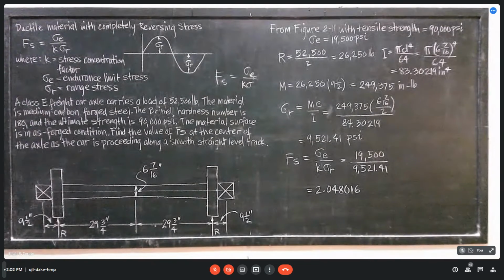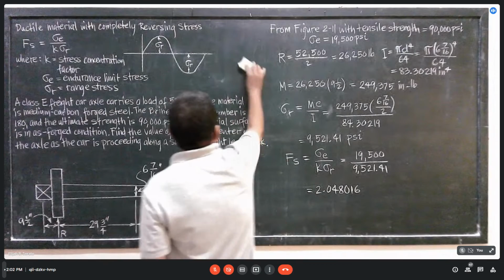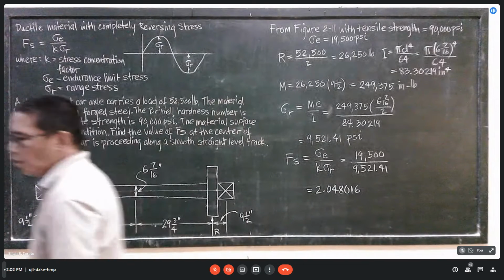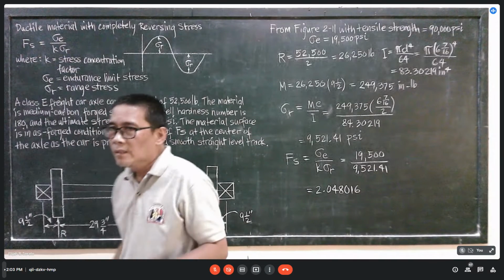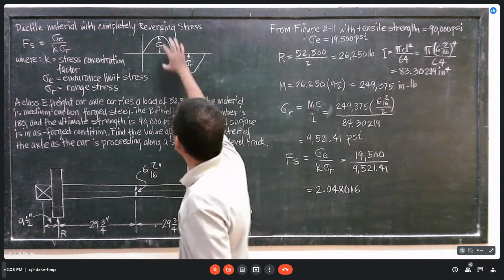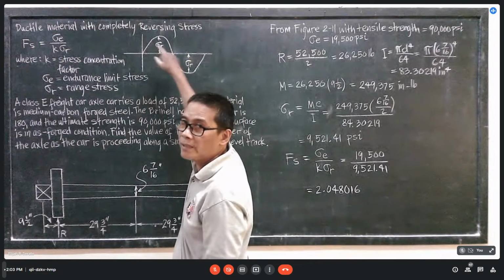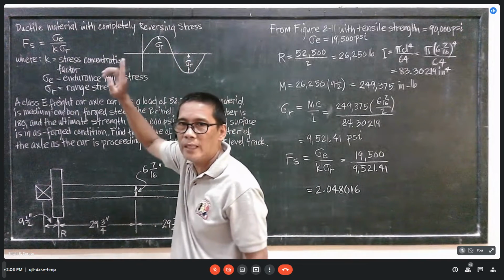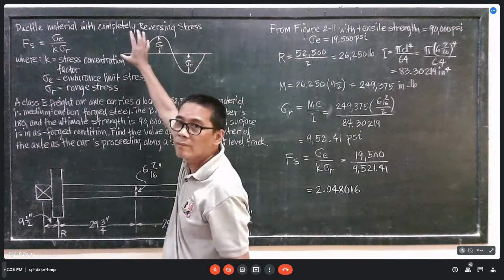However, even if it is ductile material, as long as it is reversing or fluctuating, by the way, the difference with completely reversing is that once it reverses, it has the same magnitude. How much is tensile will also be the same compressive. However, in certain cases, in fluctuating, dili parehas og value.